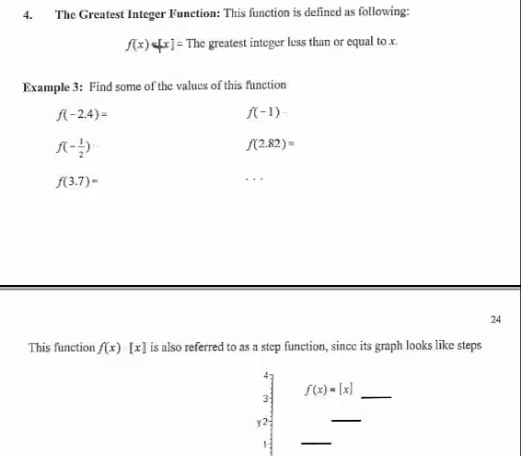Also note the symbol for the greatest integer function is basically a double bracket, which is not the same as our absolute value bars. These are two different functions. Okay, this one just sort of looks like absolute value.